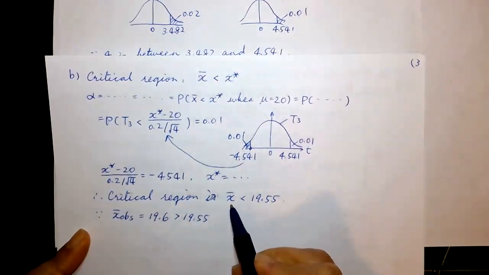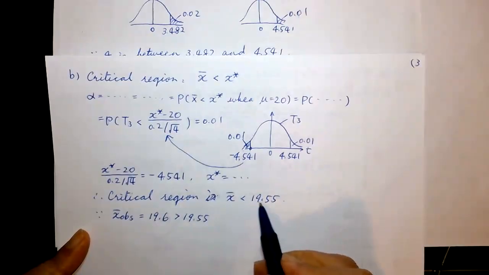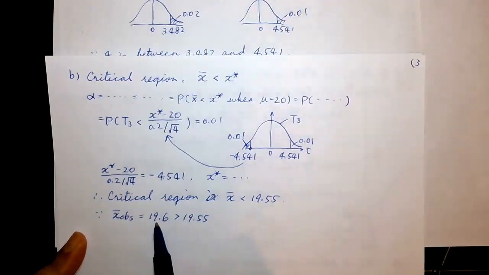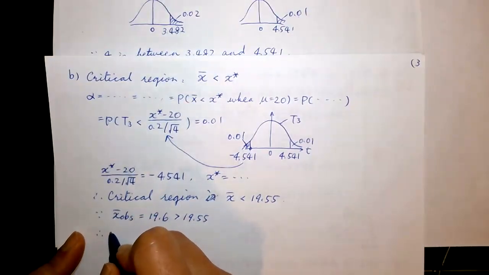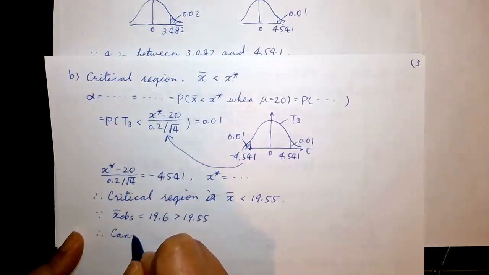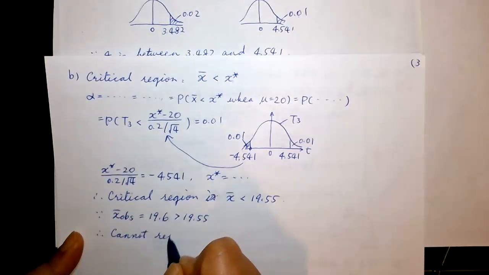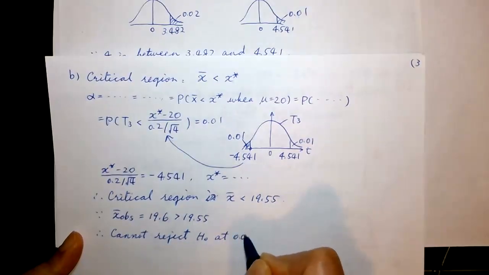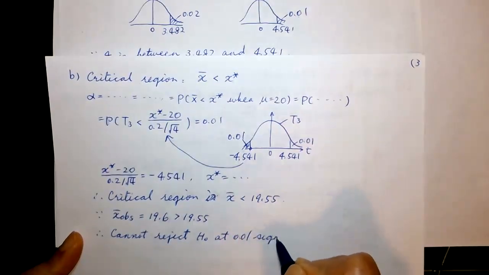It's greater. So if the 4 packs gives you the average weight of less than this, then we say mu is less than 20. So this is the significance. That's the critical value for you to make decision. Our value is more than this cutoff. Same conclusion. You cannot reject H naught.